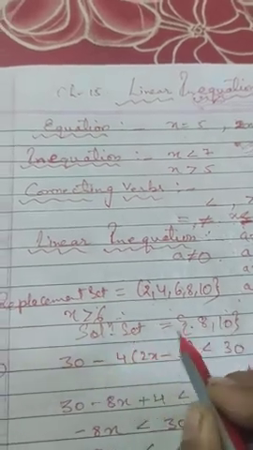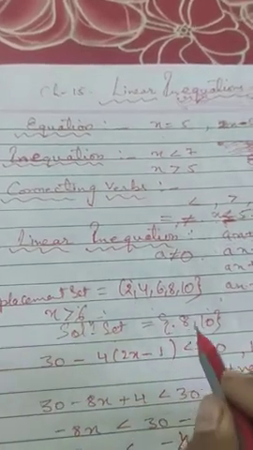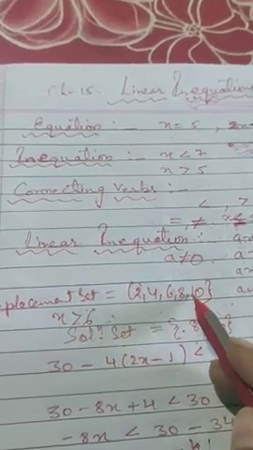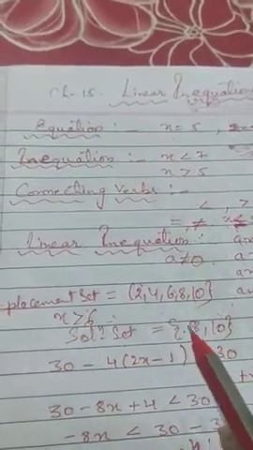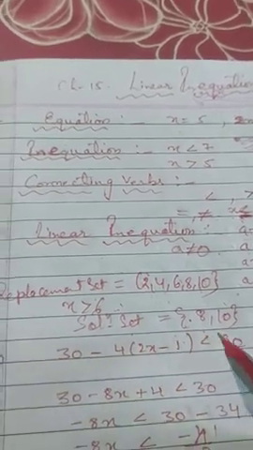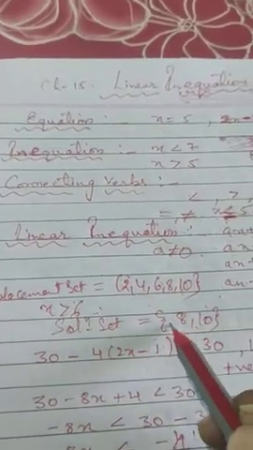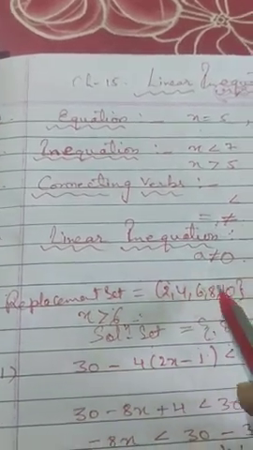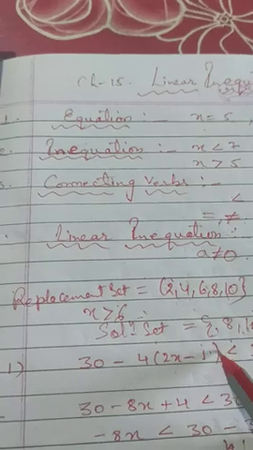Okay children, so this is the solution set, means the set of elements of the replacement set, or you can say universal set, which satisfy the given equation is called the solution set or truth set. Means 8 and 10 are present in this replacement set or universal set. So this is the solution set.